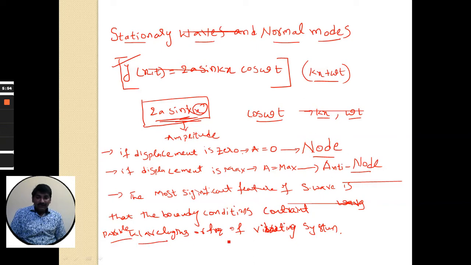But at the same time it is not an arbitrary frequency. Whatever the vibrating system is, it is not fixed for any arbitrary frequency. Arbitrary frequency in the sense that it is not any single fixed frequency. At the same time this is also a combination of different frequencies.